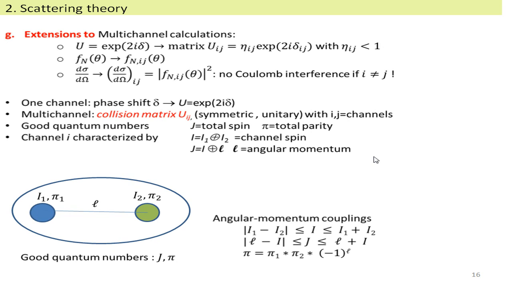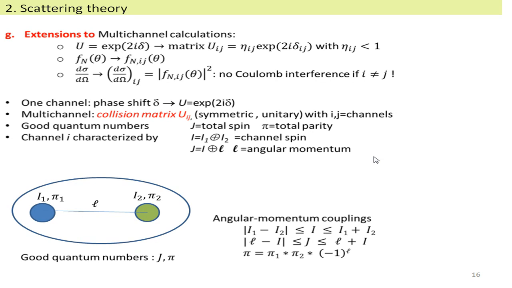And then the scattering amplitude should also be generalized, and then the cross-section can be defined not only for the elastic process, but also for inelastic process and transfer process and so on.